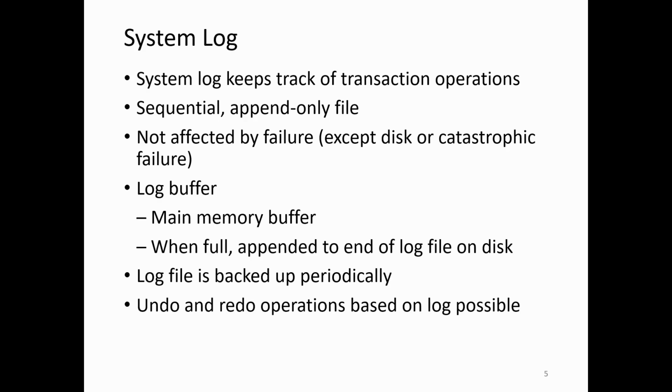So the log buffer is another extra memory area in the main memory. From time to time it will be appended to the log file on the disk permanently. So the log buffer is a temporary memory area for the log.